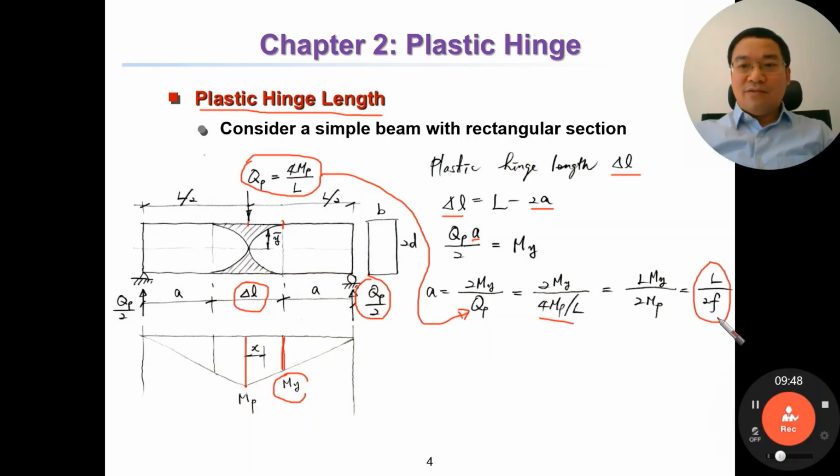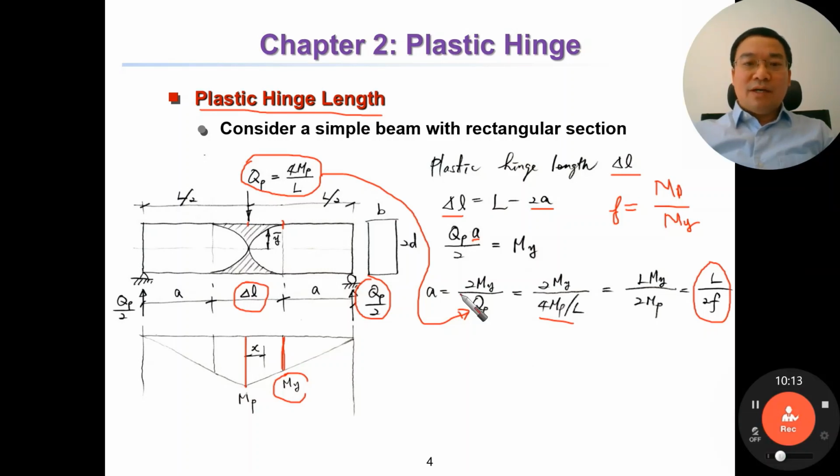What is F? F is the shape factor. You should remember the shape factor: F equals MP over My. This shape factor depends on the shape of the section.